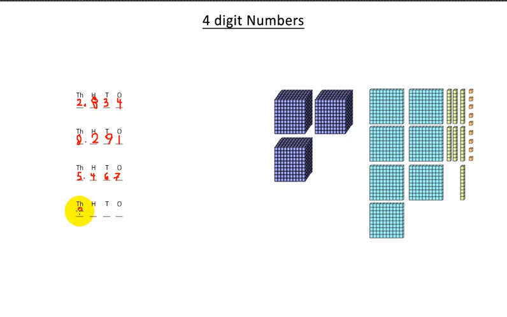So 3,000s, 700s, 7 tens, and 9 ones. So how many blocks are these? 3,779. Perfect.